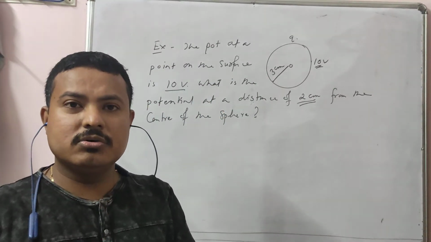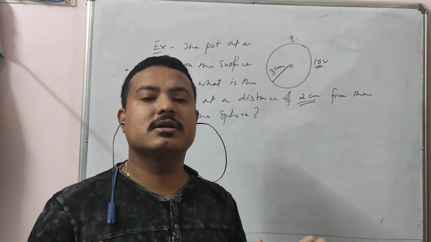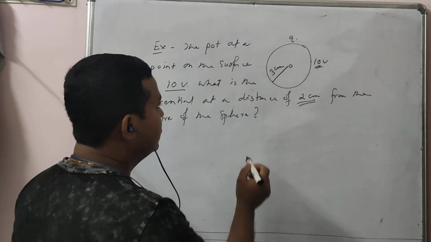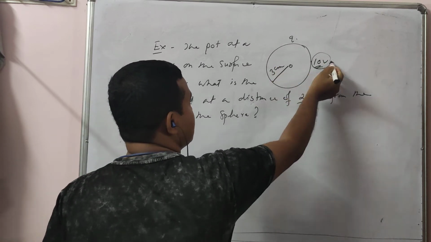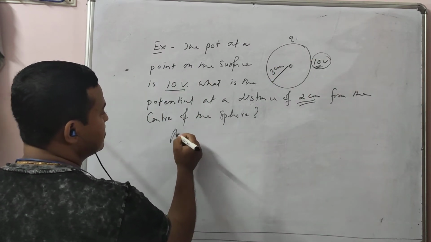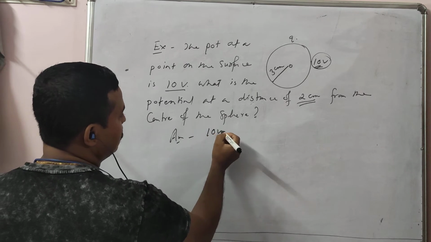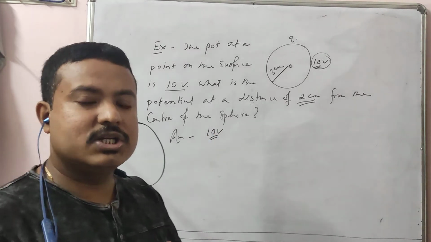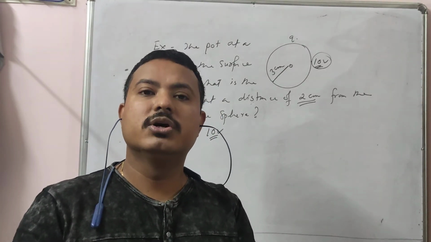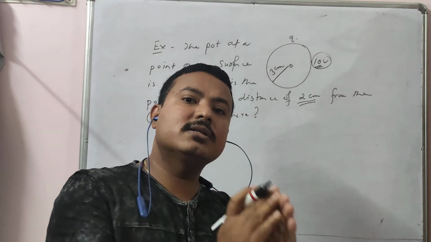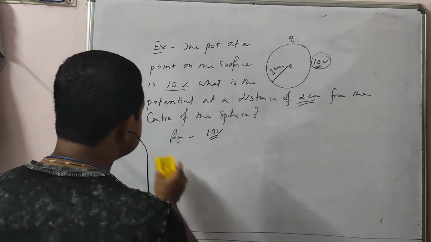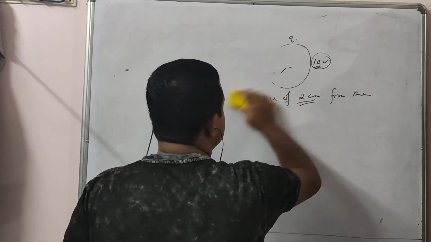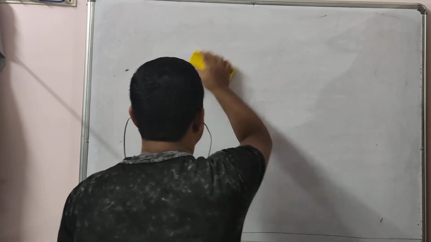And as I have told you, inside the sphere the potential remains constant. So at every point inside, even at the center, the potential must be what? 10 volt. So what will be your answer? The answer is 10 volt. Because inside, the potential remains constant and its value is equal to the value on its surface. So this property you have to remember. Okay. Now move to the next property.